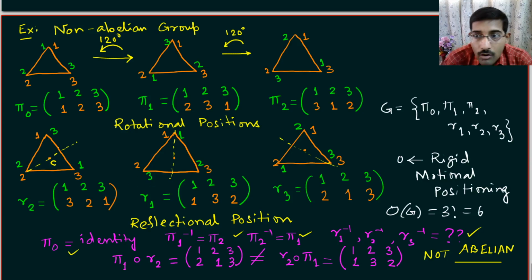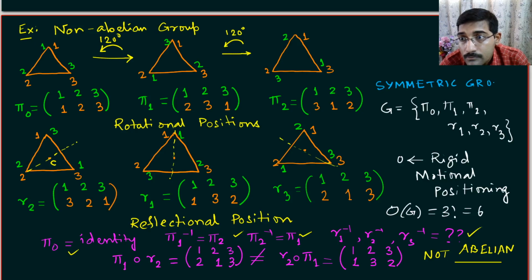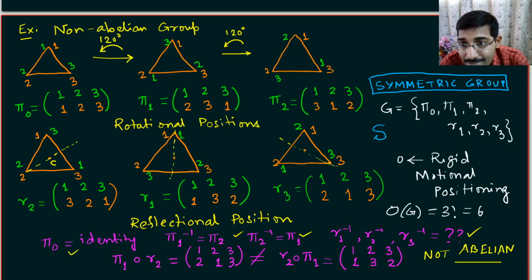So we call this group the symmetric group, and in particular we name it S3 because it's the rotation of an equilateral triangle, 3.